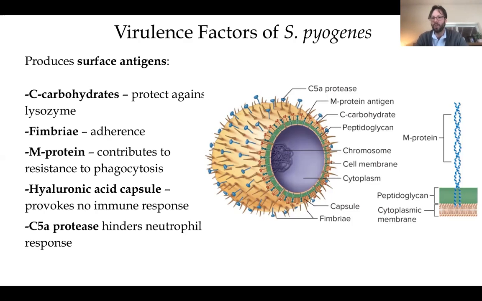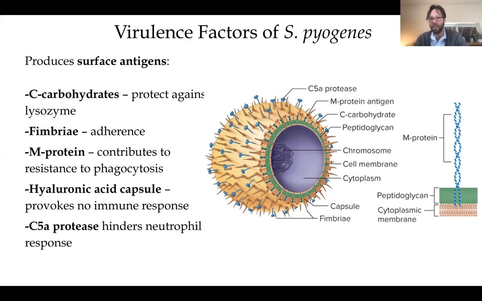This is just a cartoon of where all these different antigens on the surface are located on the cell. I'm not really concerned with you being able to diagram this. It's just to give you a visual representation, but it would be good to know these different virulence factors and what their functions are.